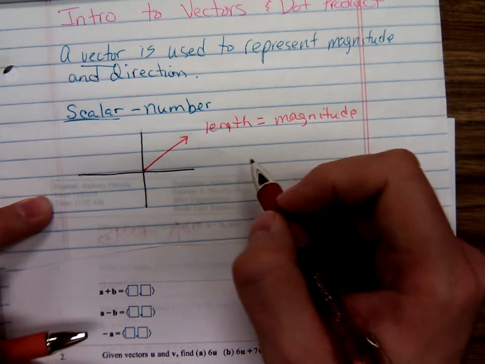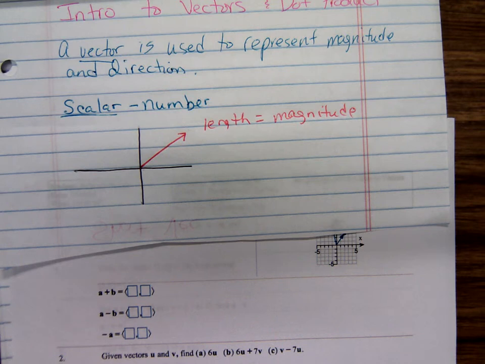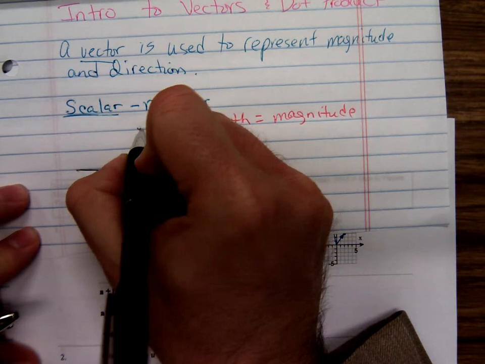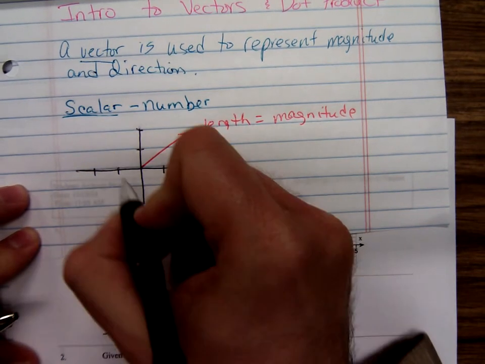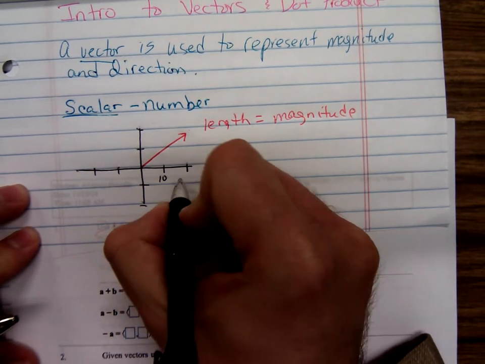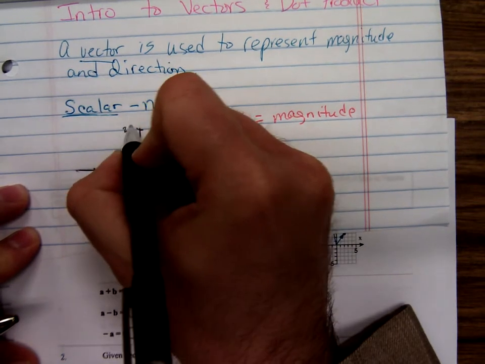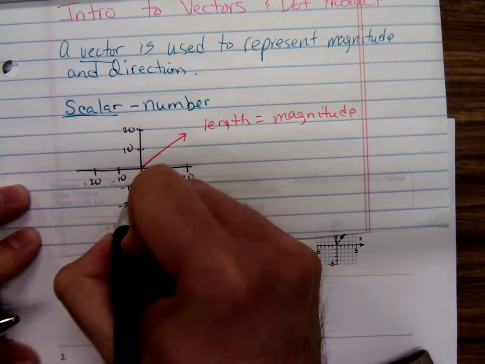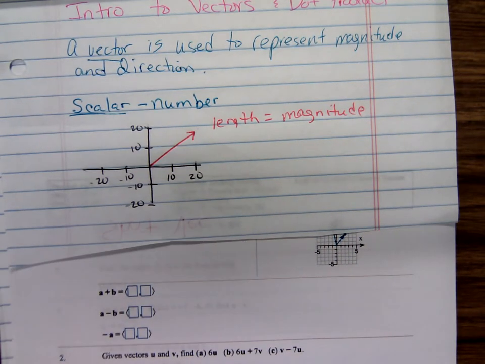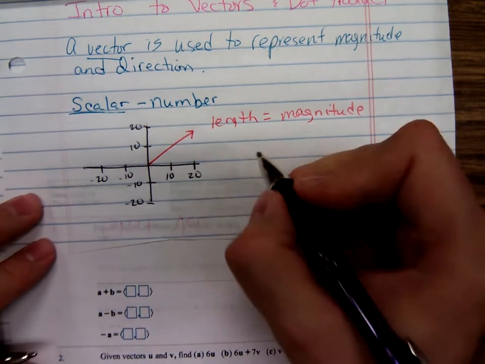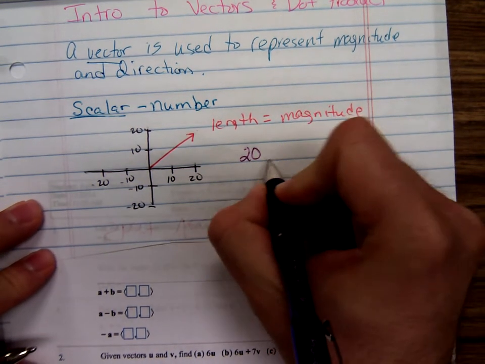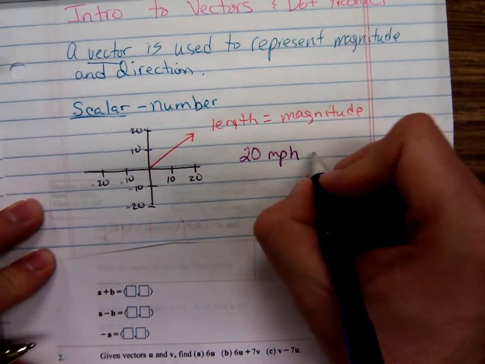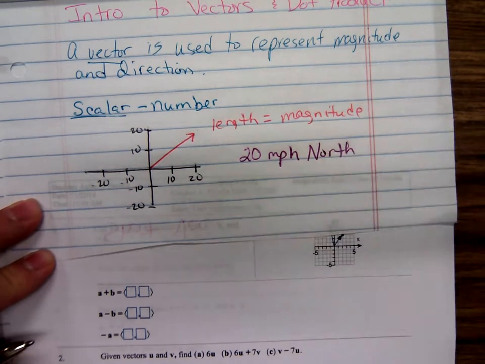If I wanted to draw a vector, let's assume each one of these little marks is 10. If I wanted to draw in purple the vector that represents 20 miles per hour headed in a north direction.